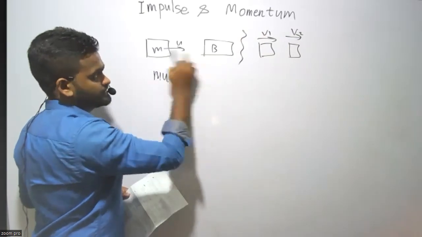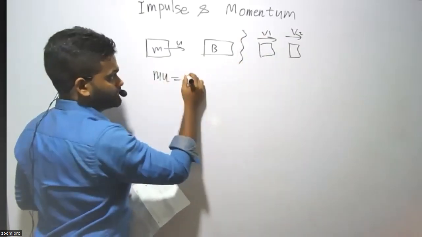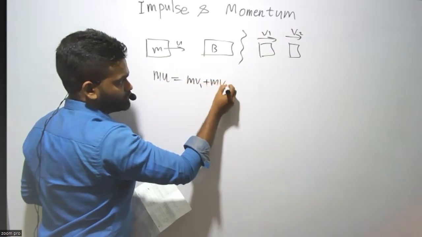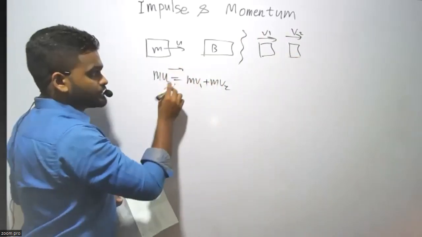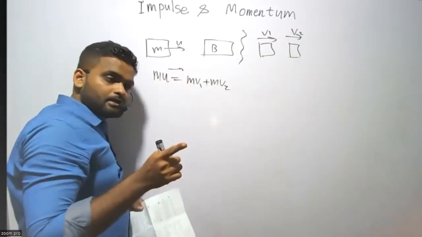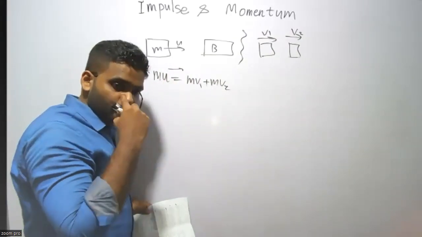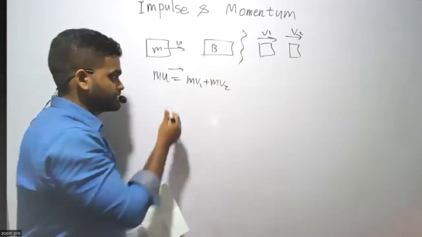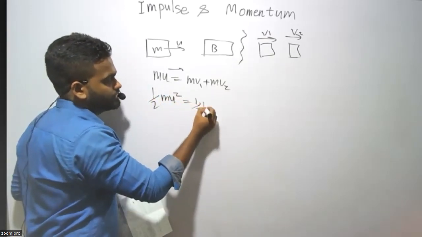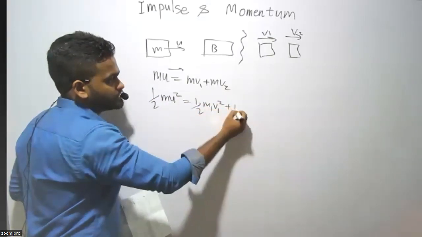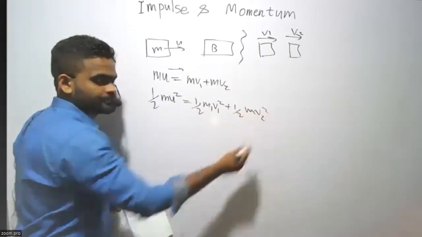Mu, that is the total momentum, equals mv1 plus mv2. Besides this, you can apply kinetic energy equations as well, because it is perfectly elastic. So what is that? Half mu squared equals half mv1 squared plus half mv2 squared.